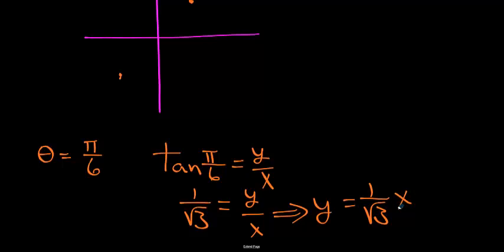You could say, for example, in this one, let x be t and y equals 1 over the square root of 3 times t. You could parametrize it that way. I was just thinking, since we have y over x equals 1 over the square root of 3, if you let y equal t, then x would equal the square root of 3 times t.